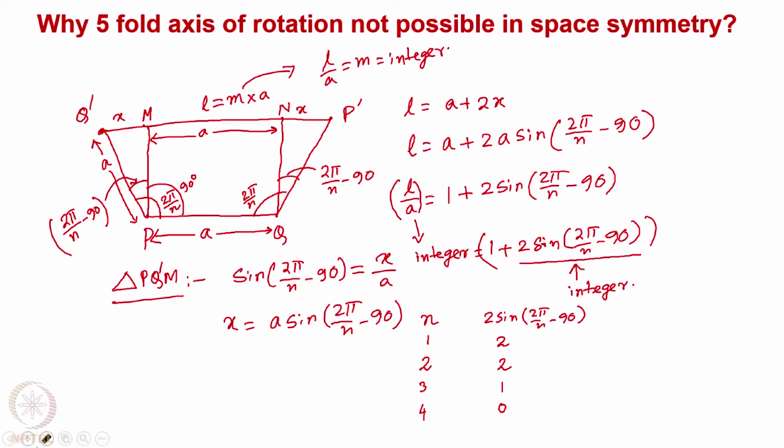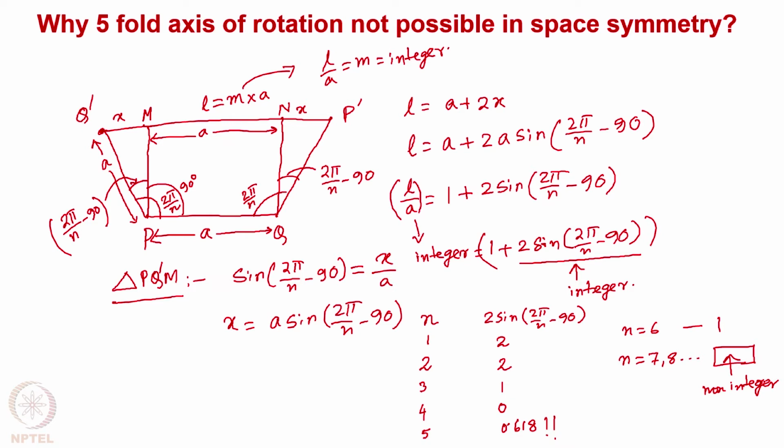If you see, then this comes out to be a non-integer for n equal to 5, where this number turns out to be 0.618. And once again for n equal to 6, the number turns out to be 1. And for any value of n equal to 7, 8 or whatever, the number turns out to be a non-integer.